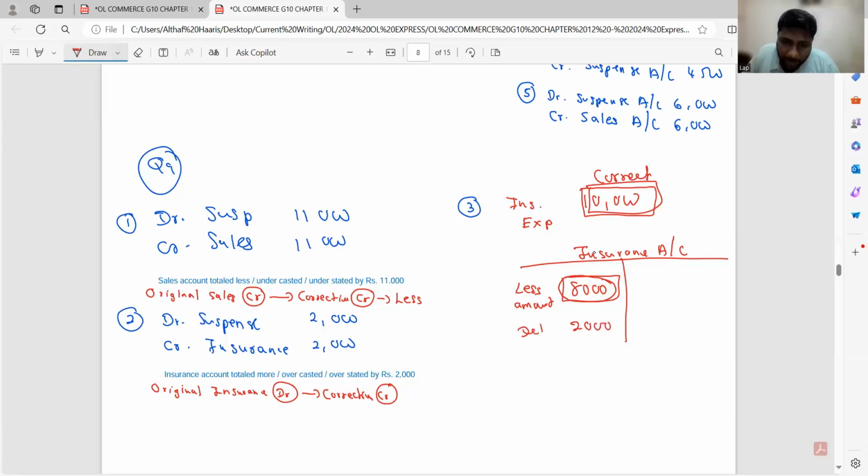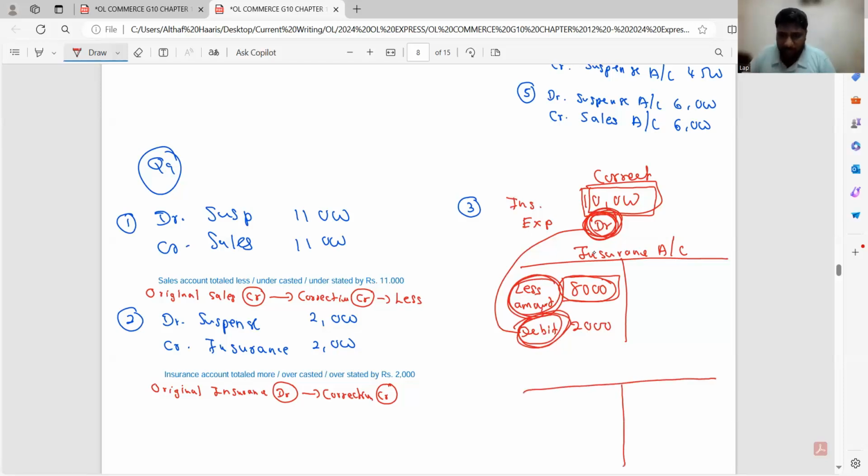So, people, you see, originally insurance means debit. So when you put a less amount, you are putting to the same side. Same side. So now let me take another example. My correct insurance is 10,000.